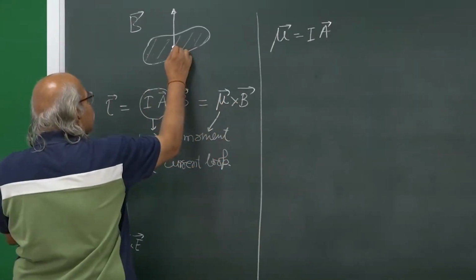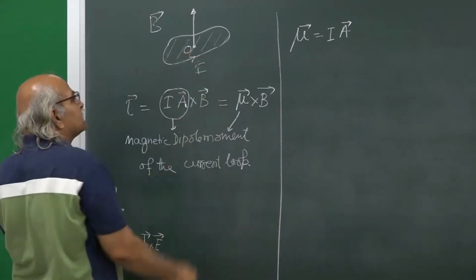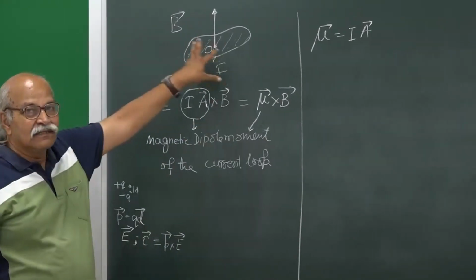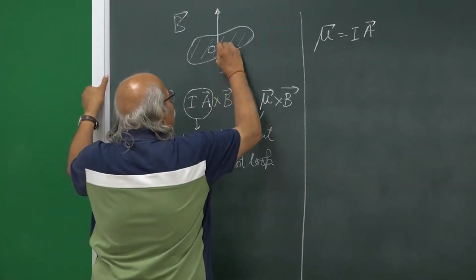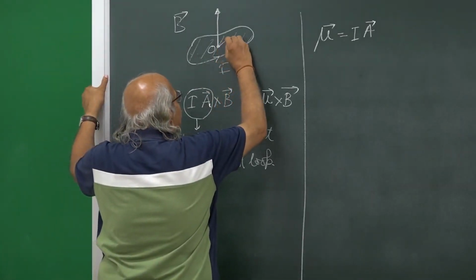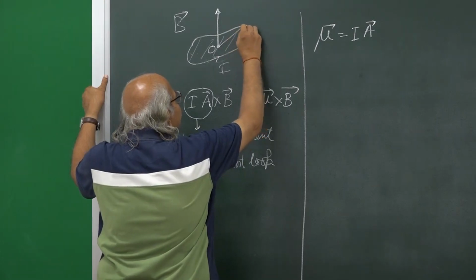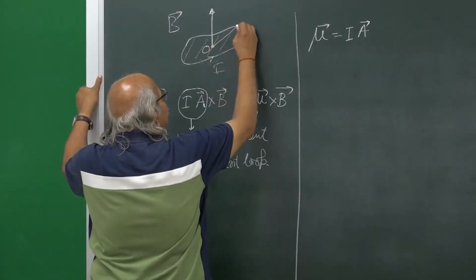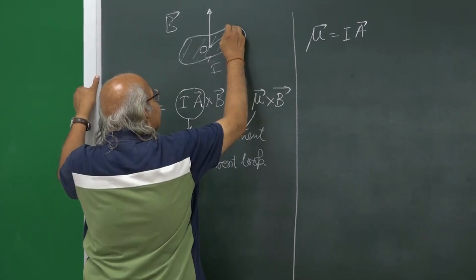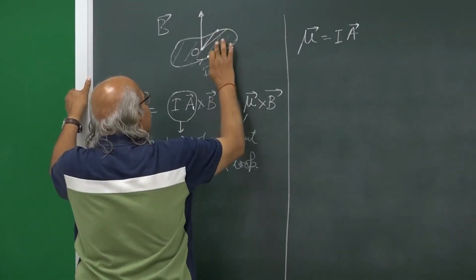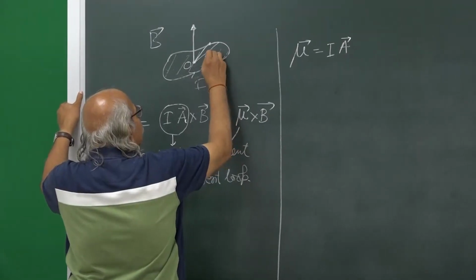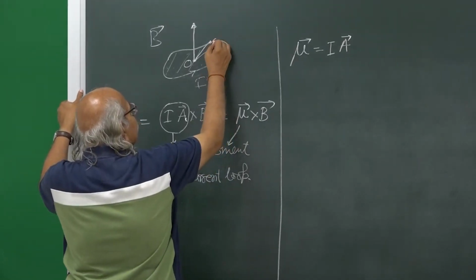Suppose you have origin somewhere here in this plane of this current loop, and then let us see, if you connect this origin to certain point here, and then some dl distance here, and then you connect it here. So, this is, let us say, r vector, and this is dl vector.